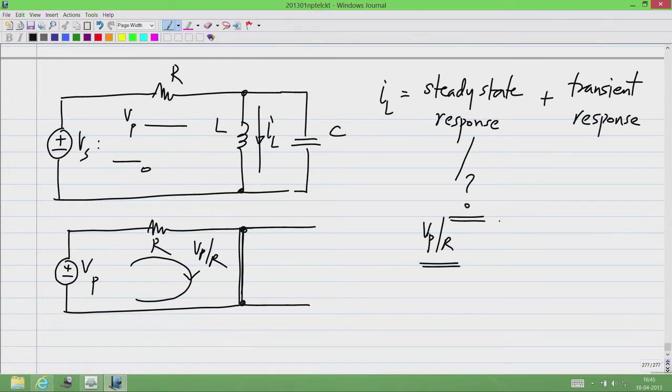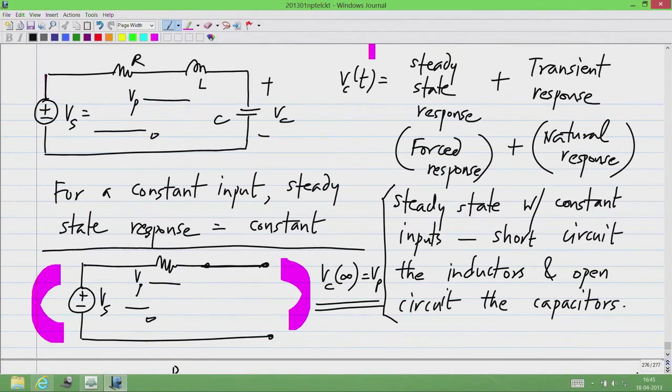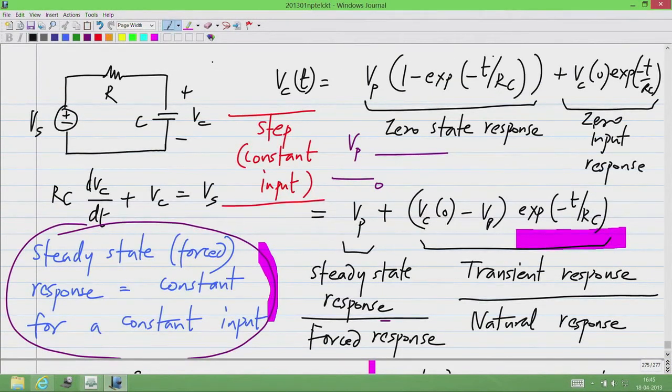Okay. So, next thing we have to do is calculate the rest of it, which is a little more complicated, but certainly possible. Okay. So, again I will make analogies to the first order circuit and go with it. So, now our goal is to find the transient response or the natural response. Okay.